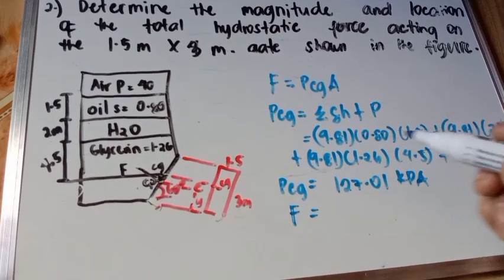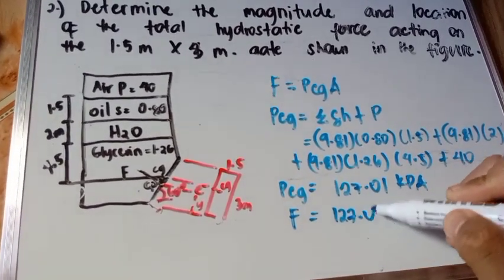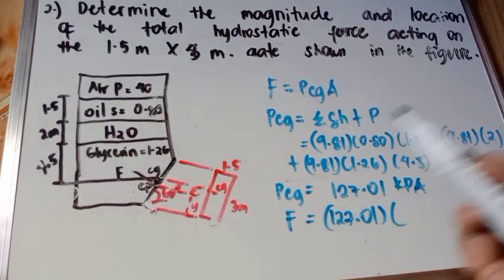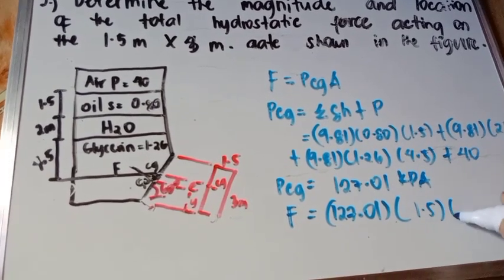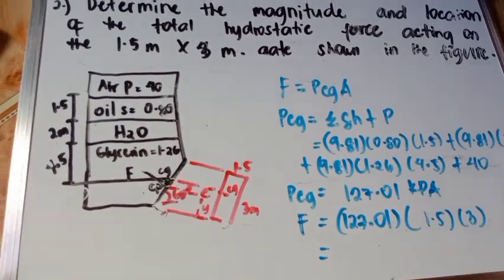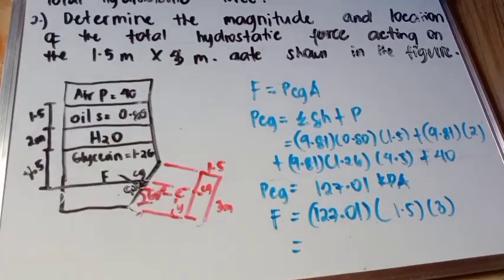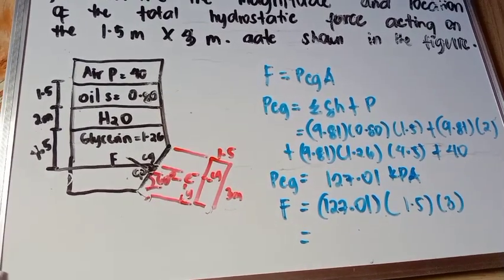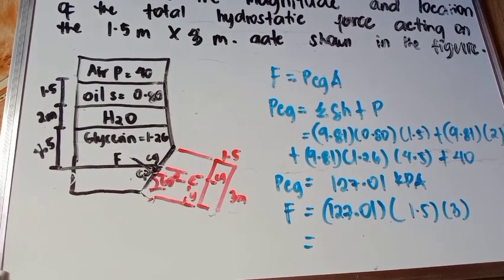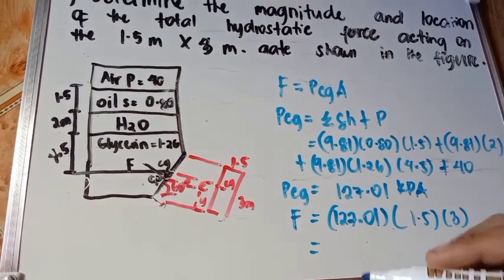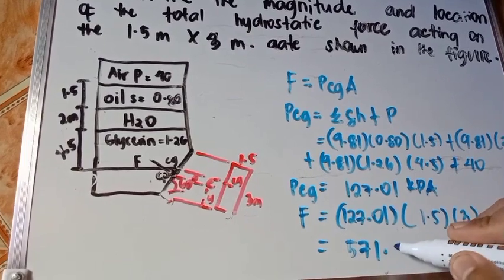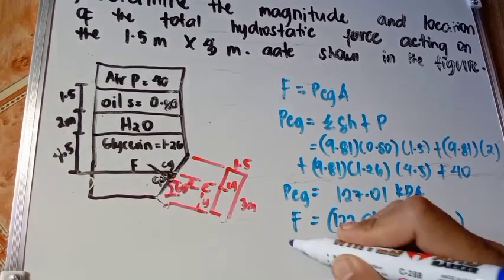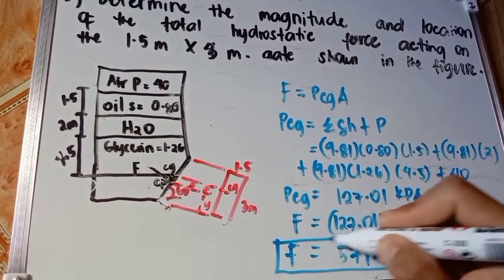So force is equals to PCG, which is 127.01 times the area of this rectangle, which is 1.5 times 3. So 127.01 times 1.5 times 3 is 571.545 kilo Newton. So mao na itong answer sa hydrostatic force.